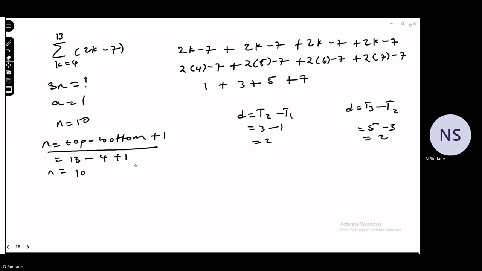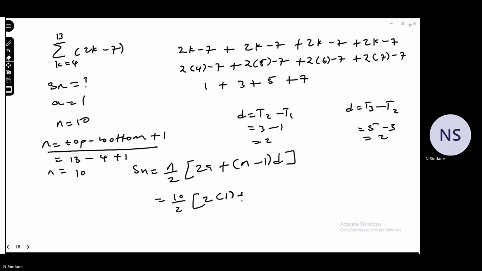Right? Sn is equal to n over 2 into open bracket 2a plus open bracket n minus 1 close bracket d close bracket. And then n is represented by 10 over 2 into open bracket 2 into the first term, 1, plus open bracket 10 minus 1 close bracket 2 close bracket.